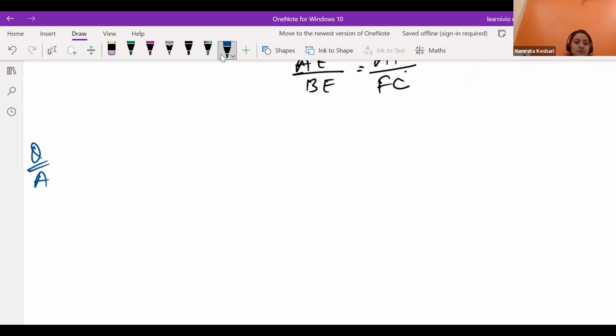ABCD is a trapezium. The figure is not given, okay?